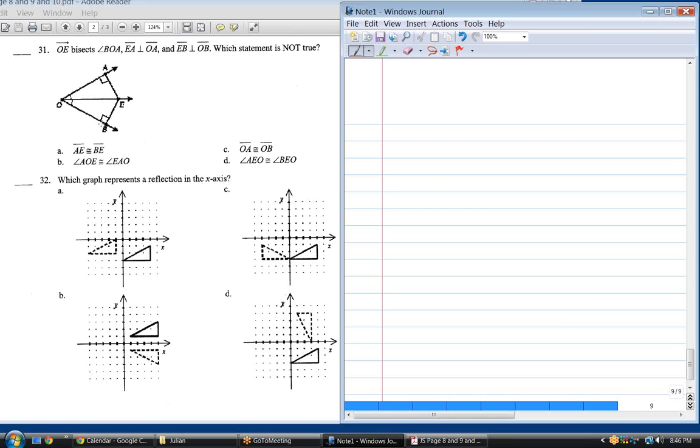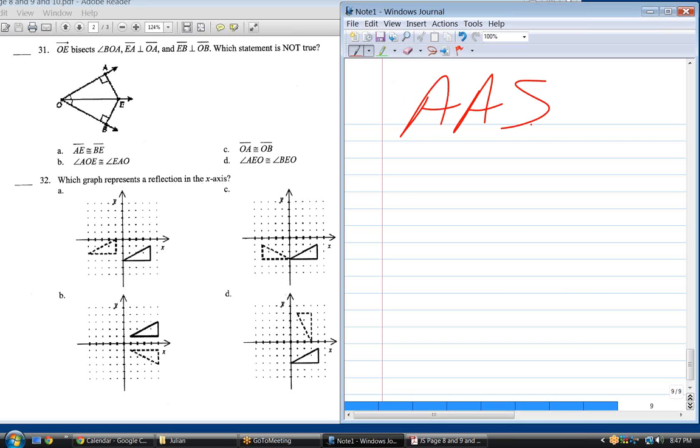Side angle side? I don't see two sides that are the same. The only side I know that is the same is OE, it is the same for both triangles. But I know angle, angle. How about angle, angle, side?